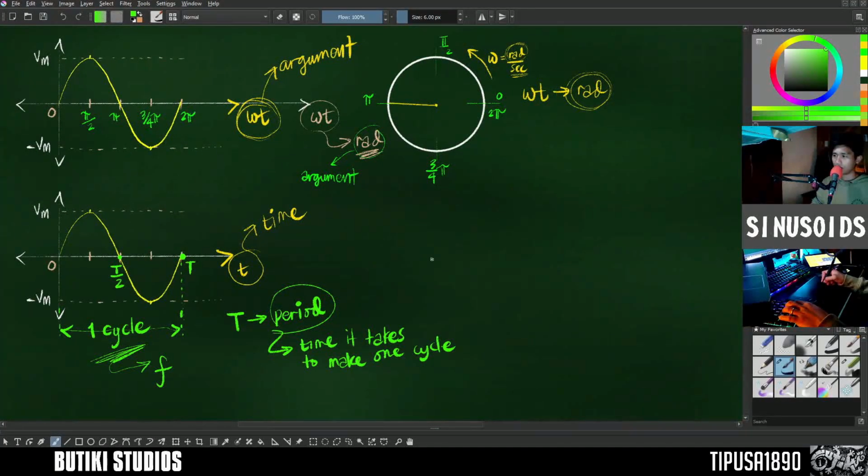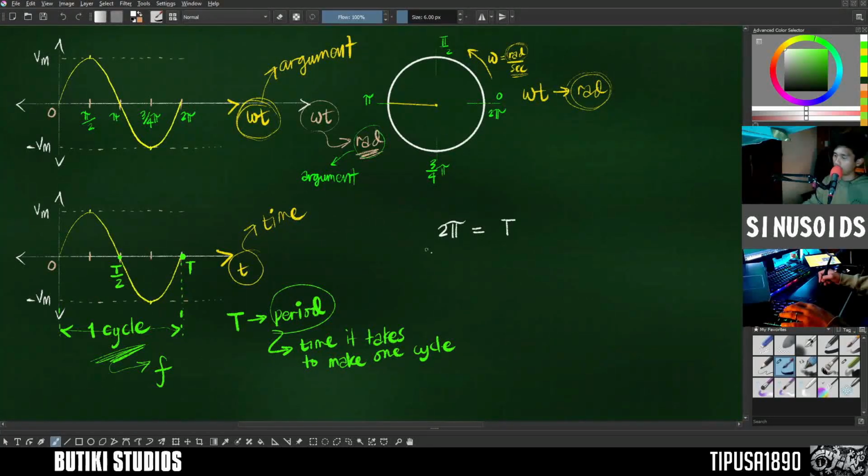Anyway, if we compare here, we make one full cycle, one full rotation, which is 2 pi. We create one 2 pi in T seconds. One full cycle in T seconds.